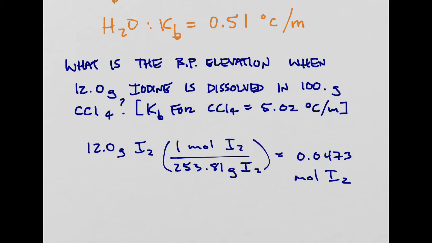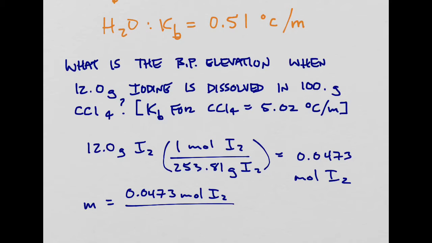And then I want to determine the molality of the solution. To determine the molality, I have to take the number of moles of the solute, the number of moles of I2, and put that over the number of kilograms of carbon tetrachloride, which is the solvent.